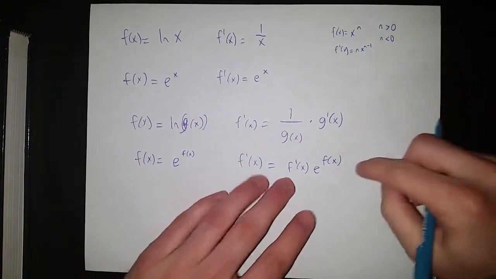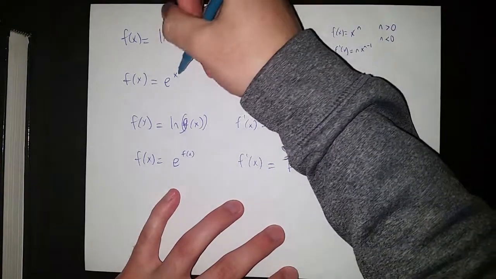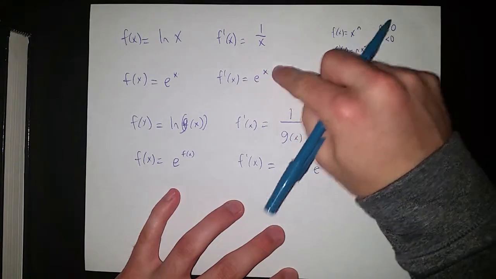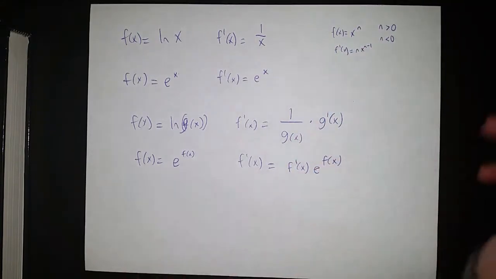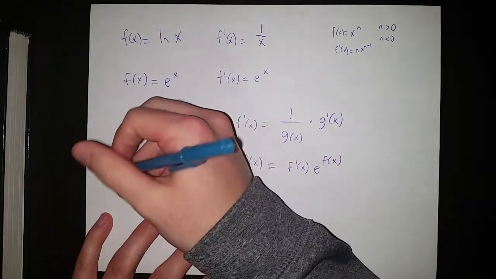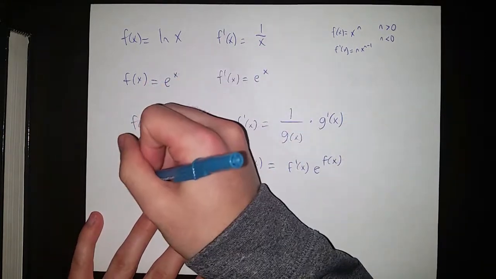What I'm trying to say here is that you have e to the x, but then you can really put anything in here and it'll be pretty much the same thing. Not to try and confuse anyone. But yeah, we'll do a chain rule in another video.